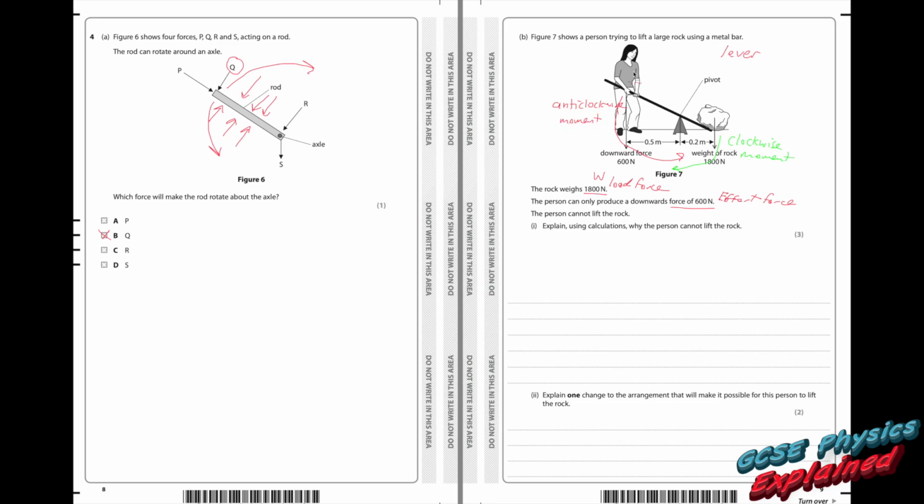Now let's have a look at the moments. So the anti-clockwise moment of the person. So she's producing an anti-clockwise moment of 300 Newton meters. Now let's have a look at the clockwise moment of the rock.